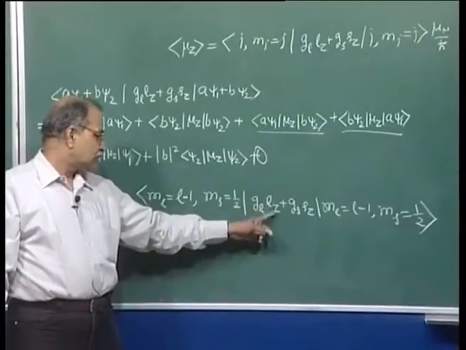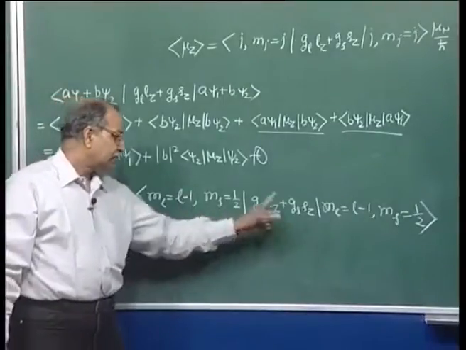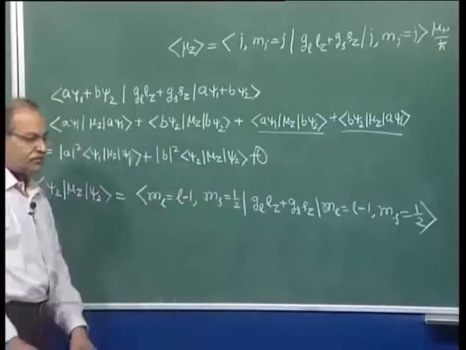You have to substitute this LZ by L minus 1 h cross and this SZ by plus half h cross, that is it, the rest will all be normalized to 1.